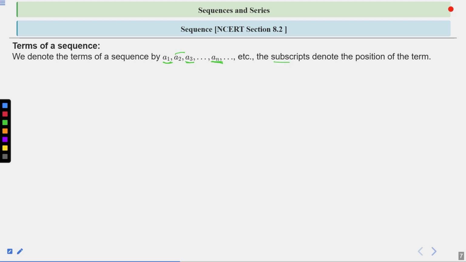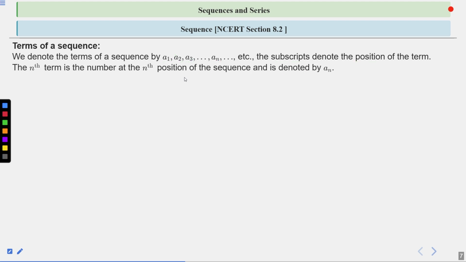Now, the subscripts denote the position of the term. So each term having this subscript 1, 2, 3 denotes what position your term is in. A1 denotes the first position, A2 denotes the second, A3 denotes the third, AN denotes the nth position. Simple.